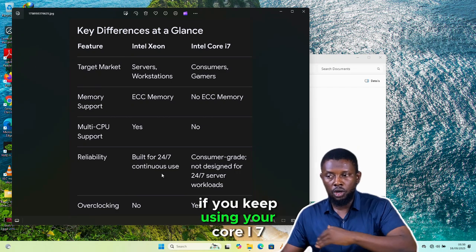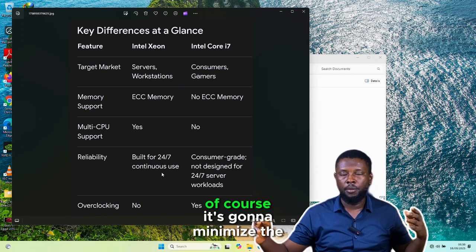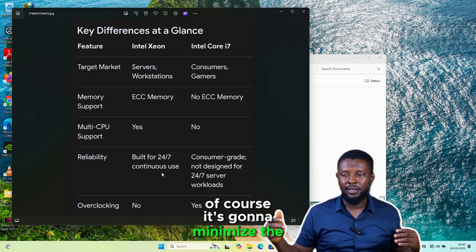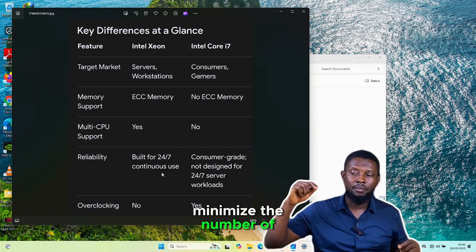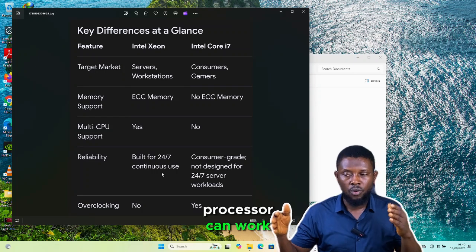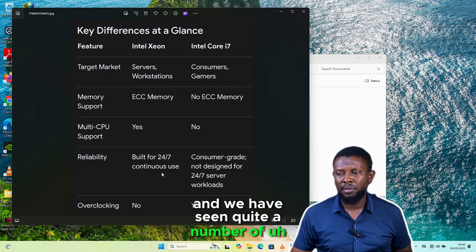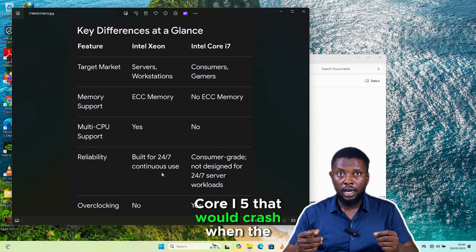If you keep using your Core i7 processor for that long, of course, it's going to minimize the durability. It's going to minimize the number of years that particular processor can work. And we have seen quite a number of Core i7 and Core i5 systems that would crash.